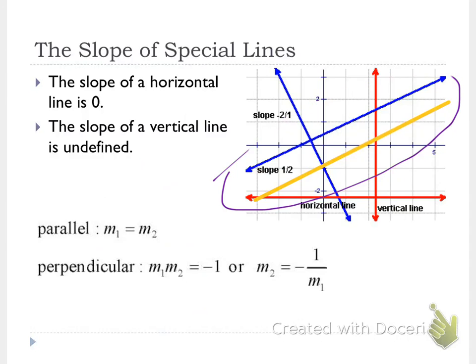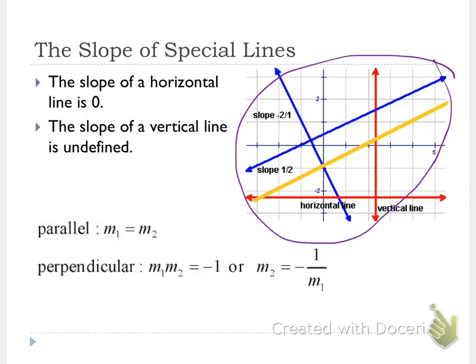And then these two blue lines, they're perpendicular. If you start with the slope of this blue line, it says the slope is 1/2.